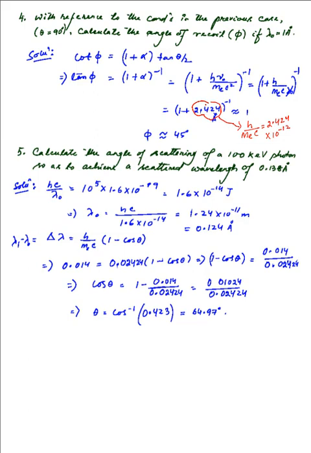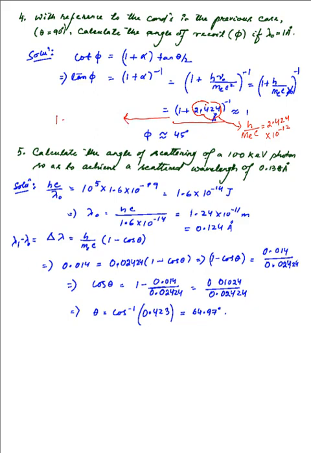Now this lambda 1 in the denominator was in angstrom units, and this comes in 10 to the power minus 2 angstrom units, so they cancel out the angstroms, and what we are left with is this value over here. So this is a correction that I must consider.